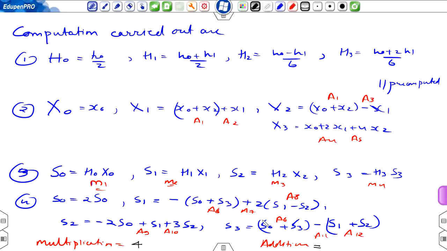This is same as a6. So this is a11 and a12. So a total of 12 additions. Okay. In direct form, the total number of multiplications was 6 and additions was 2. And using the Cook-Toom algorithm, the number of multiplications is reduced to 4, that is reduced by 2, and additions are increased drastically, that is 12.